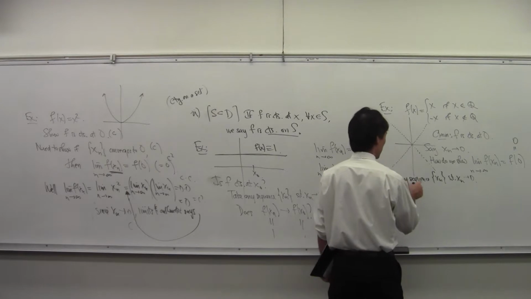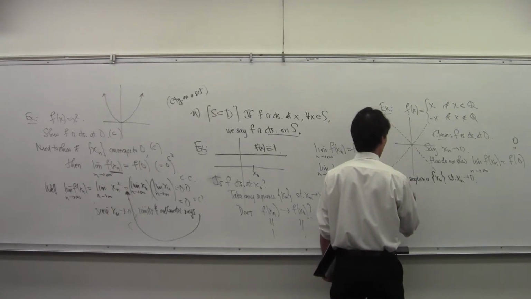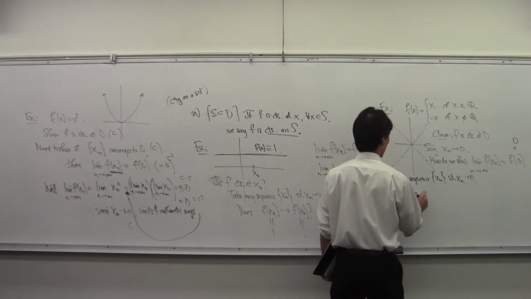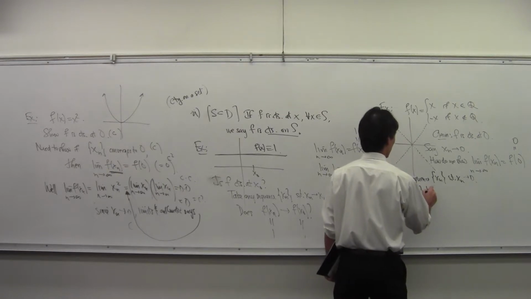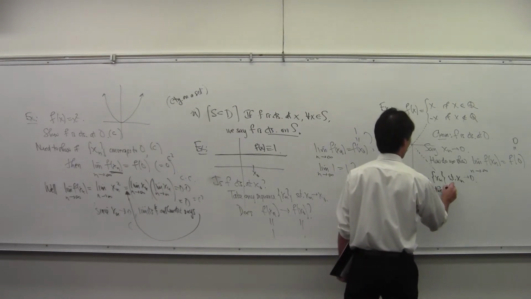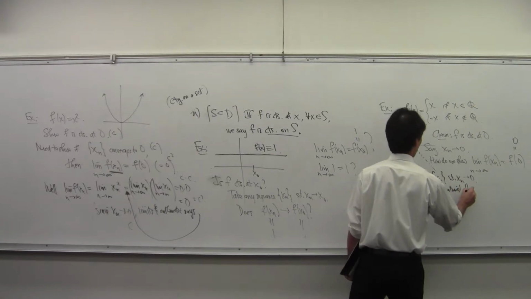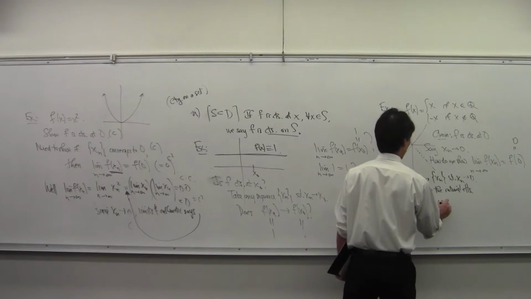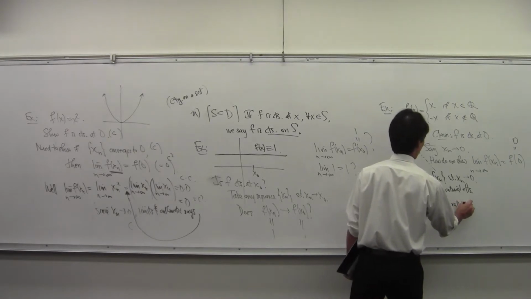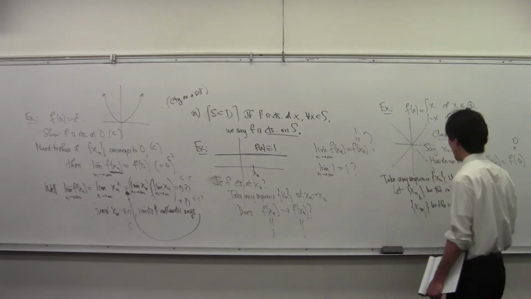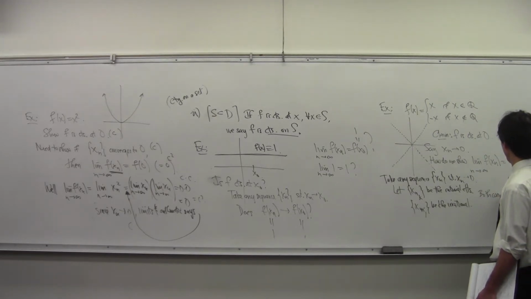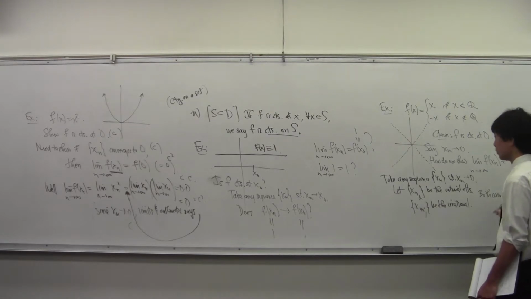Then let x of n k be the rational elements. Let x of m j be the irrational. Both converge. Both converge to 0.